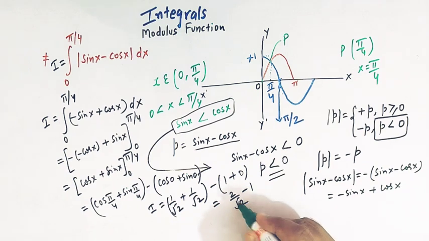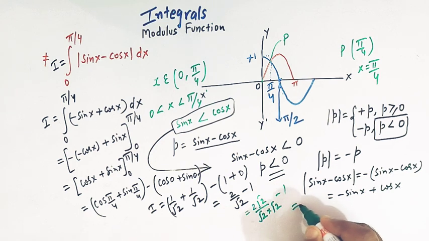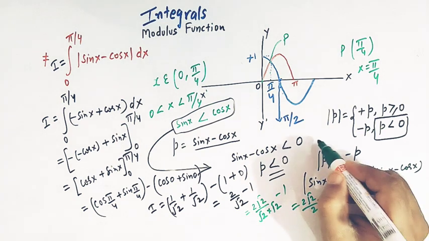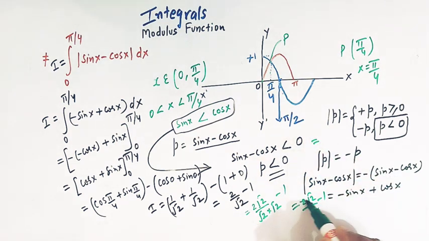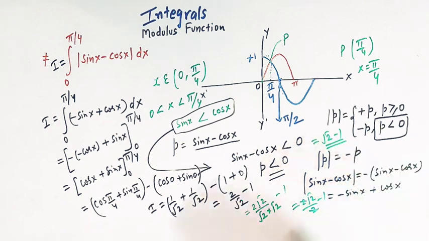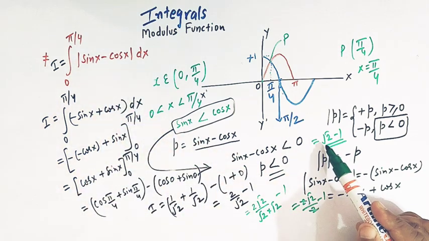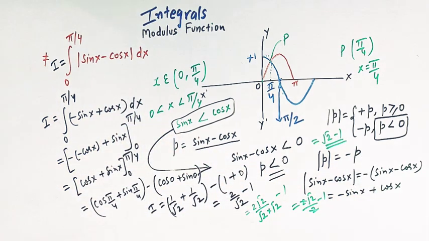Now if we rationalize 2 over root 2, then we have 2 root 2 over 2, minus 1. The 2 and 2 get cancelled, so we are left with root 2 minus 1. So viewers, the value of this integral is square root of 2 minus 1.